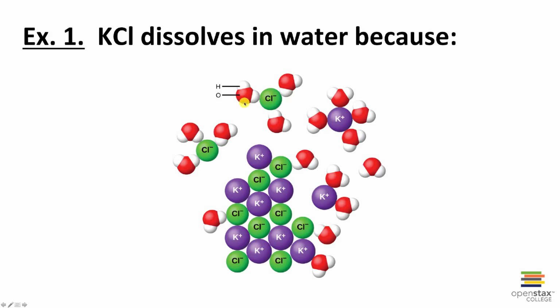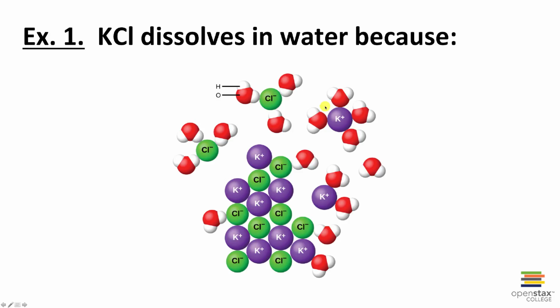And if we have some potassium chloride and we add to it some water, then the negative side of the water molecules, the oxygen side, is slightly negatively charged, and will attract positive ions. And the positive side of the water molecule, the hydrogen side, is slightly positively charged. That will attract negative ions.